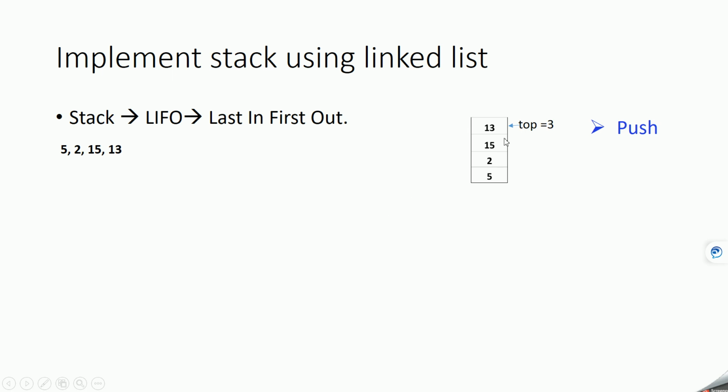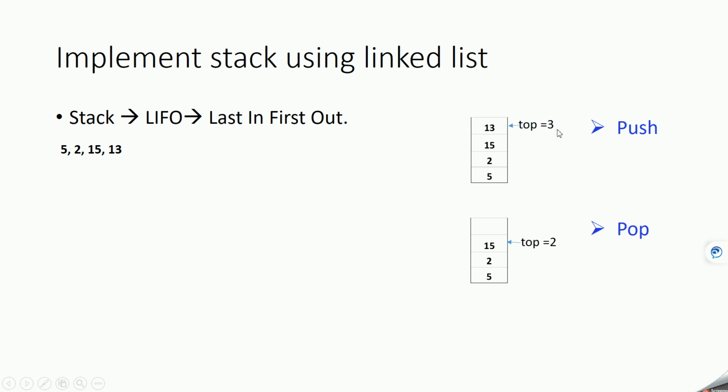Now let's see what we have to do if we want to delete data from this stack. We have a stack like this and all elements are filled over here. Whenever we want to delete, we have to delete from the top. This is the top of the stack now, so we'll delete this 13 first. We have deleted this 13 first. This is called pop operation.